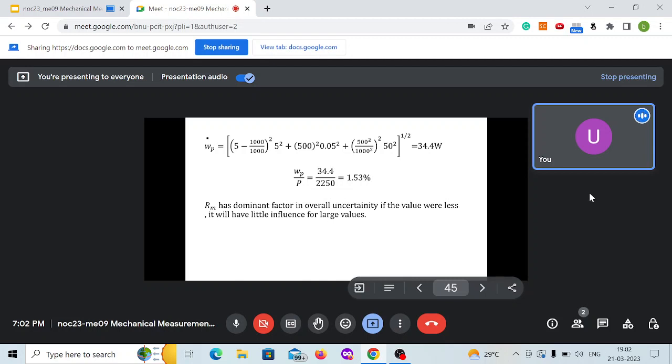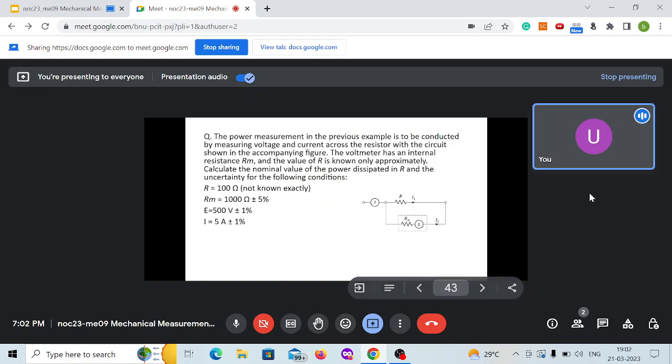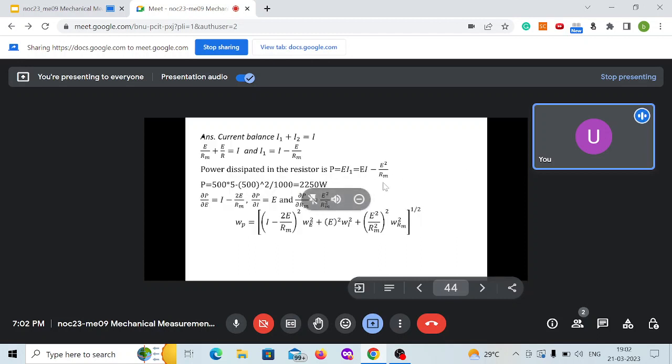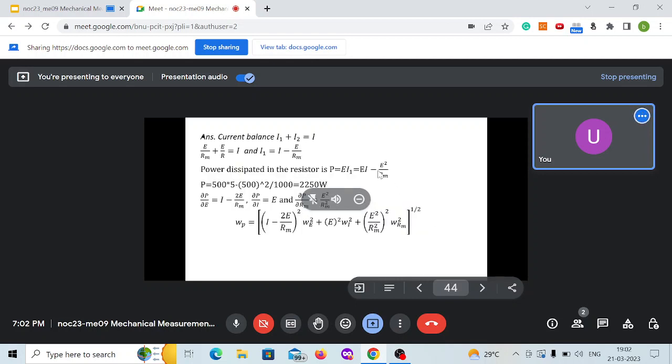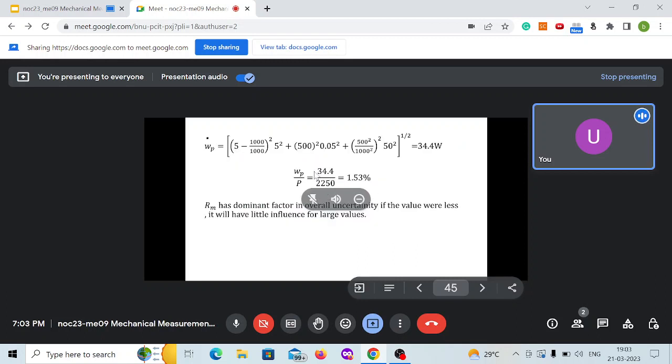So here if you see, the RM has a dominant factor in the overall calculation. If the RM value is very large, here it's 1000 ohms, the power uncertainty will not be affected much. The influence is very small, because it goes as 1 by RM.